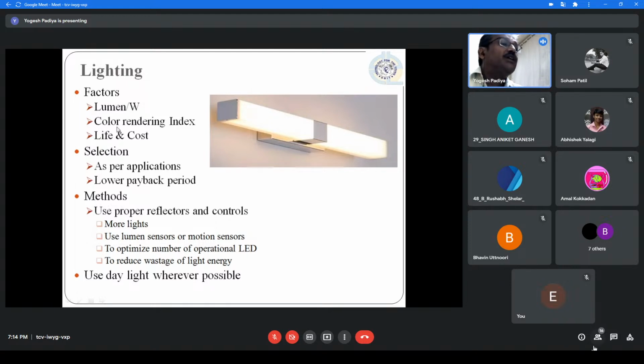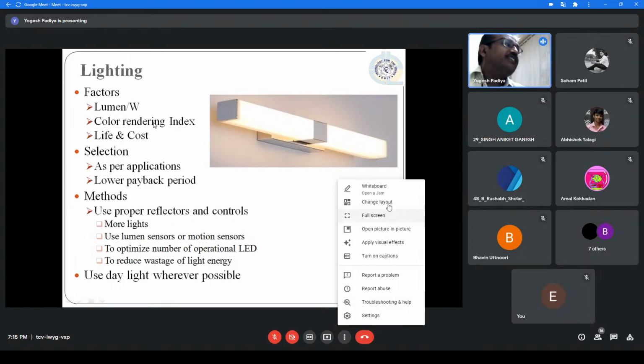Similarly, there is one term called color rendering index. It means whether my object color remains the same as it was original under this light. If yes, then the color index is 100. Otherwise, you might find that the color of the material or object changes as the light quality changes.